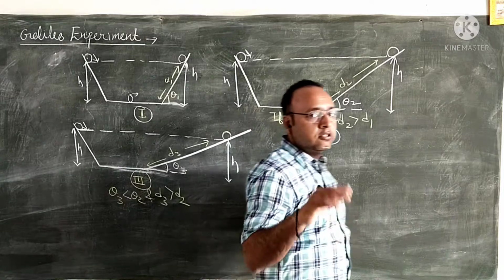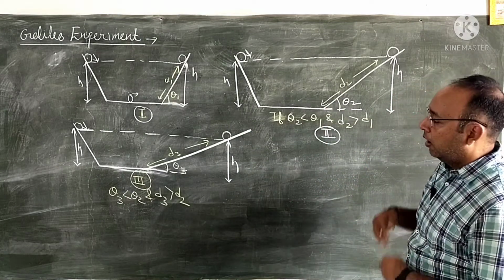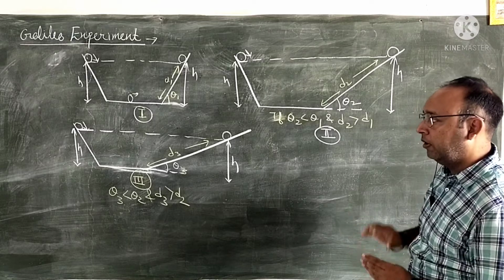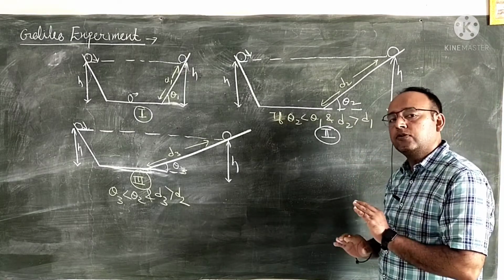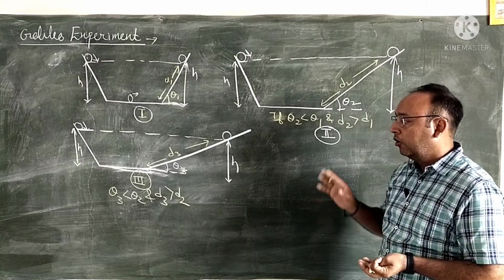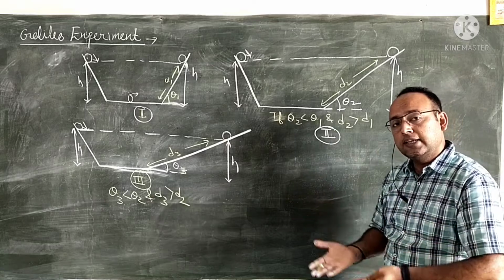That means as he kept reducing the angle, he observed that the ball reaches the same height, comes to rest and then starts coming back, but the ball covers more distance in each case.